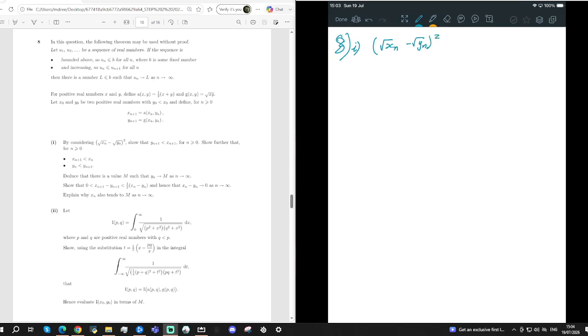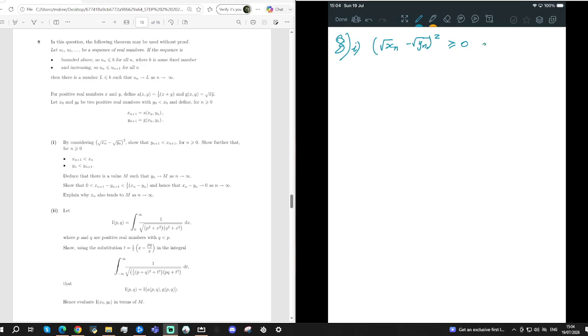Well, the first thing to notice, and is what I'm going to reference straight away, is this is greater than or equal to 0. Whenever we square a number, it gives a positive solution, certainly for real numbers, and we are in the real world here.